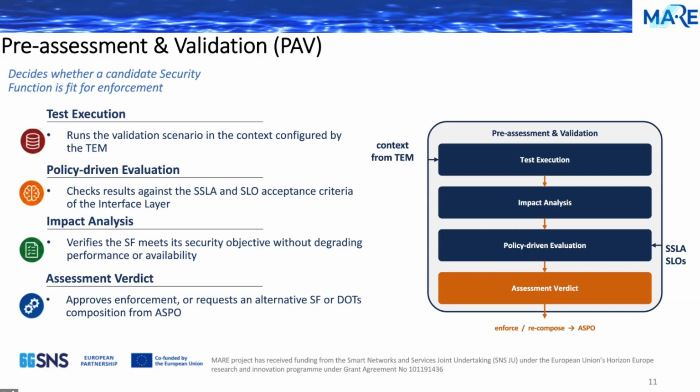Then the impact analysis verifies that the security function meets its security objective without degrading performance or availability. And finally, the assessment verdict approves the enforcement of the security function or requests an alternative security function or composition from ASPO in order to produce better mitigation results.